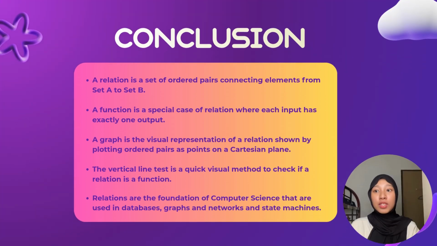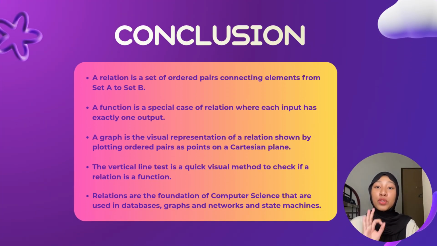To conclude, in this video presentation, we have covered three main concepts. First, a relation is a set of ordered pairs connecting elements from set A to set B, which is the most general way to link data between two sets. Second, a function is a special case of a relation, where each input has exactly one output. We proved this through mapping diagrams, step-by-step calculation, and the vertical line test on a graph.